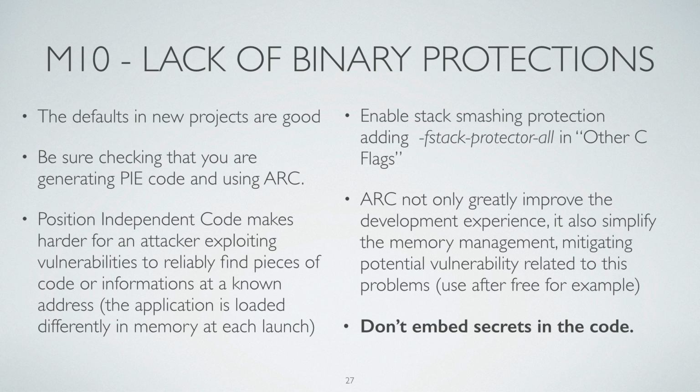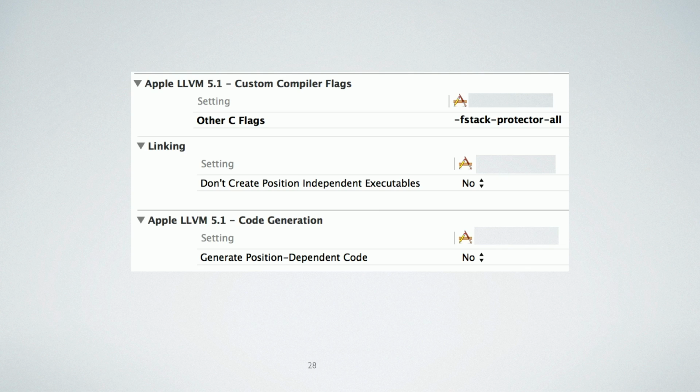And ARC not only improves the development of the application because it's easier, but it also improves memory management, so it reduces the bugs related to the life cycle of objects, like use after free. And also you can enable this compiler flag to protect your stack buffers from overflows.